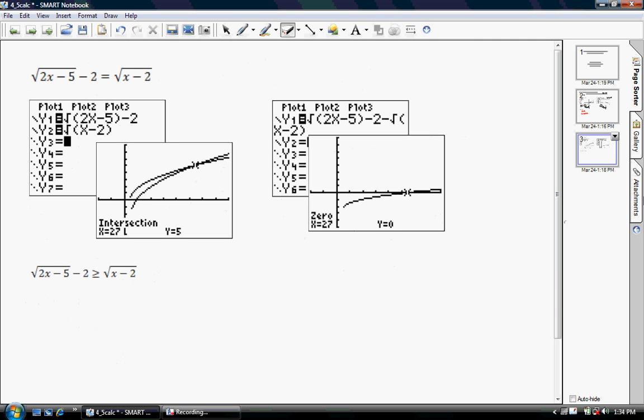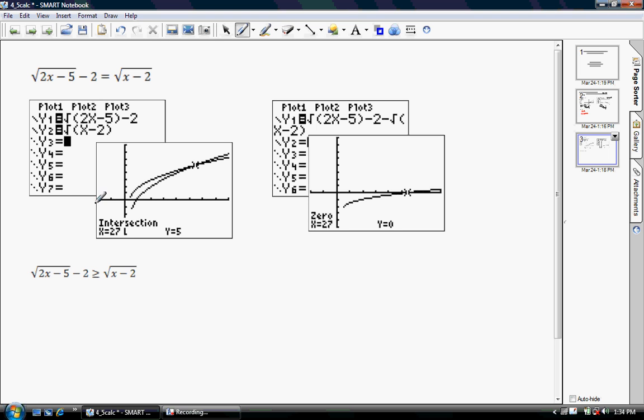Now the other problem, the square root of 2x minus 5 minus 2 equals the square root of x minus 2. We know from solving that by hand the solution is 27. So I knew that the standard window from negative 10 to 10 was not going to work. So I think I did this from negative 10 to 40 with a scale of 5, and from negative 10 to 10 in the y direction.